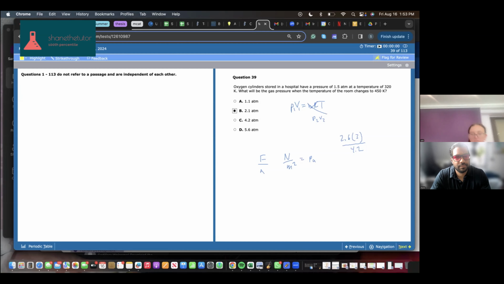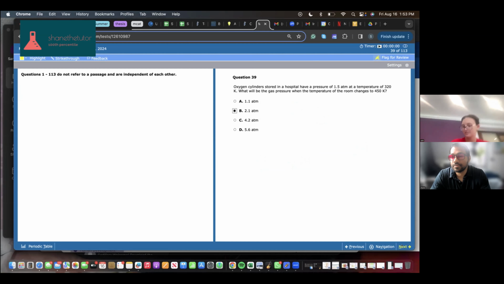Okay, can I try to redo this now that I have the full equation? So PV equals nRT. The temperature is changing now, so T isn't a constant. n and R stay the same because those are always constants. Volume stays the same.